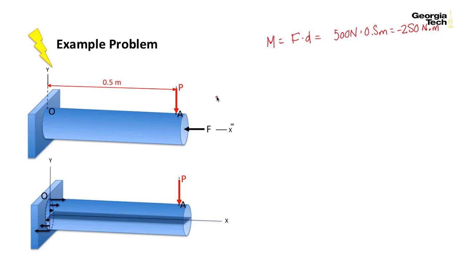Again, that only works if you're not constrained anywhere else on the beam between where you apply the load and where you're calculating the moment.